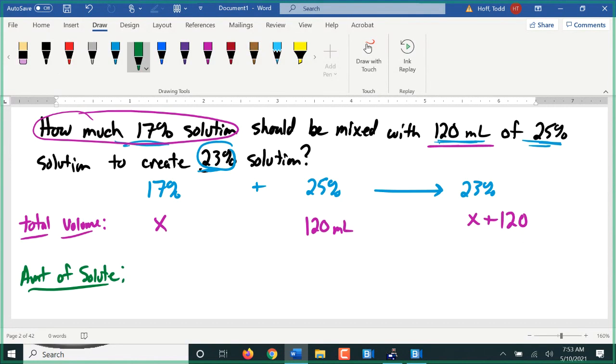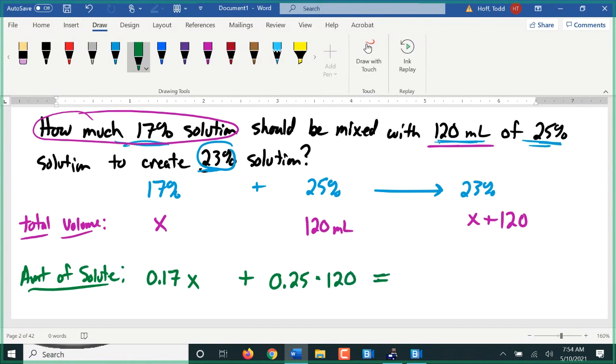Then the amount of solute, remember, for each piece, concentration times the total volume or total weight. So the 17% is 0.17 times the amount is X. The 25% is 0.25 times the amount is 120.